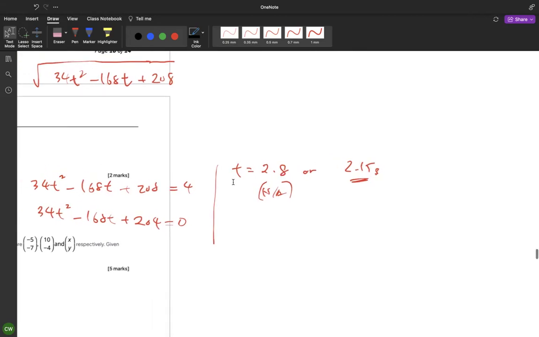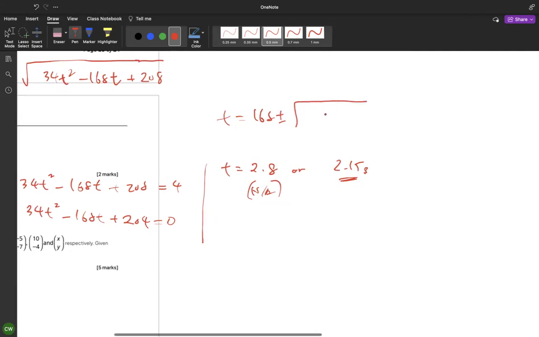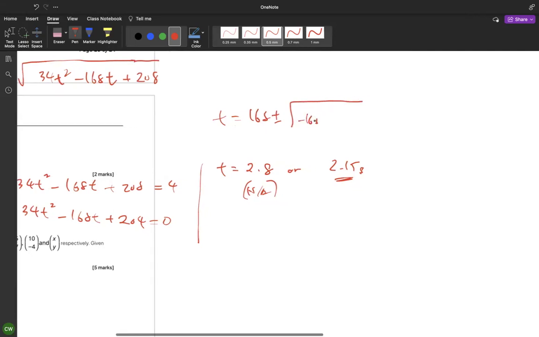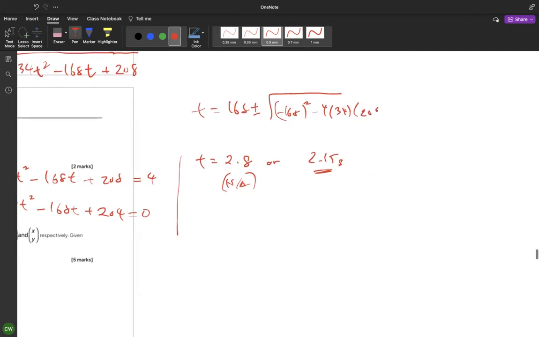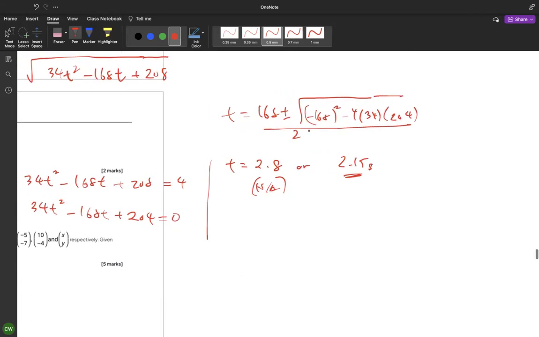Does your teacher in school insist you do the calculation? Okay, at least you have to show them the equation. Just write it out. Okay, just divided by 2a. Okay, so these two are the answer. So choose the first answer, the first line.